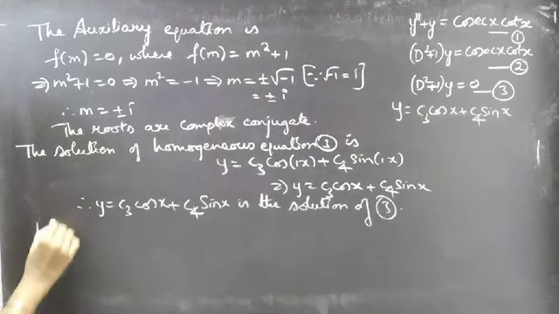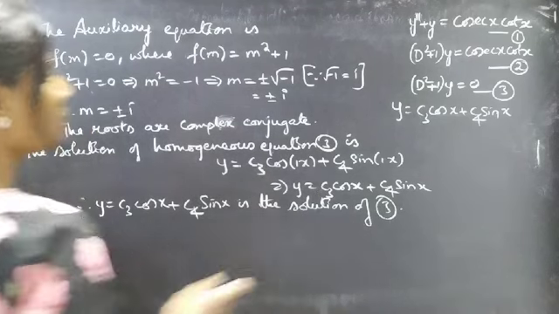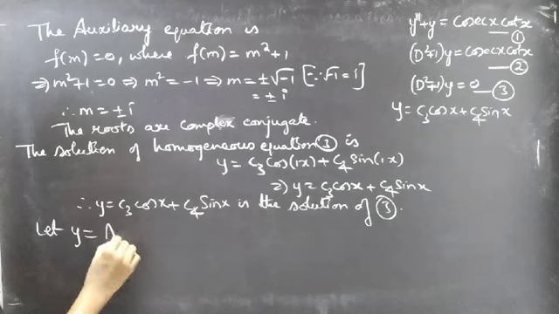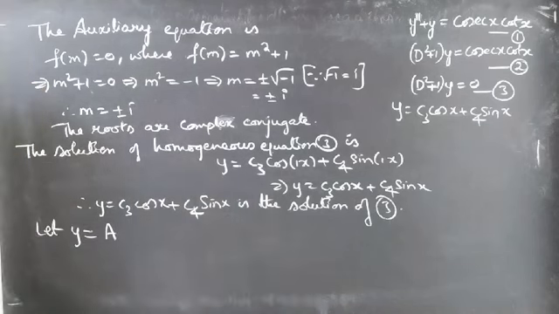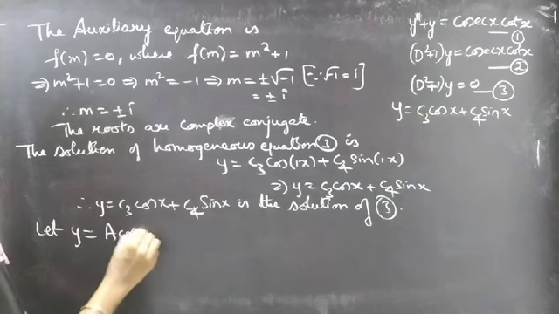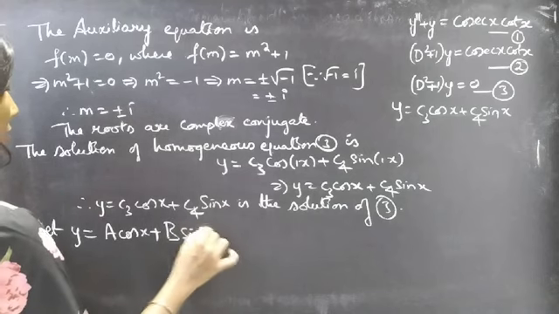Let y equal to, now replace c3, c4 by some functions of x. Okay, now we are going to replace these constants or parameters with functions of x, a and b. We'll get a cos x plus b sin x.